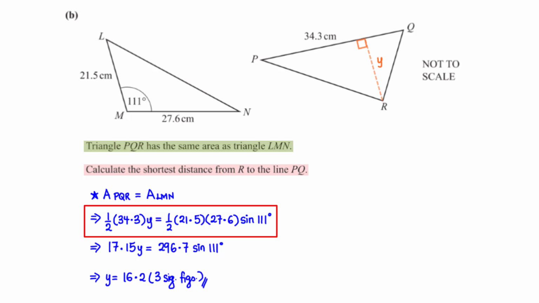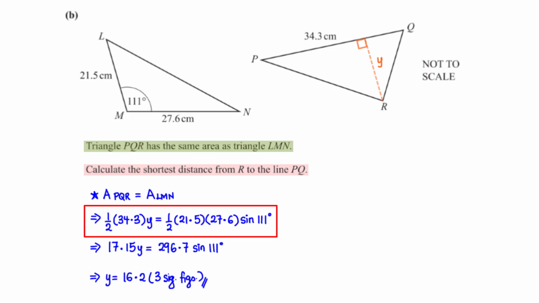is half of its base, which is 34.3, times its height, which is Y, is equal to the area of triangle LMN, which is half times the product of its two sides, 21.5 and 27.6, times the sine of the angle between the sides, which is 111 degrees.